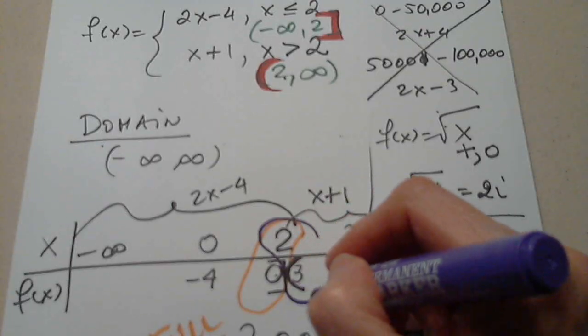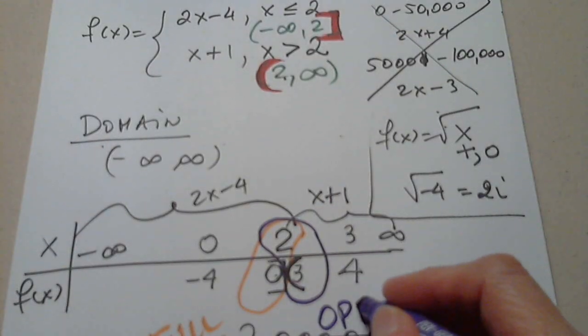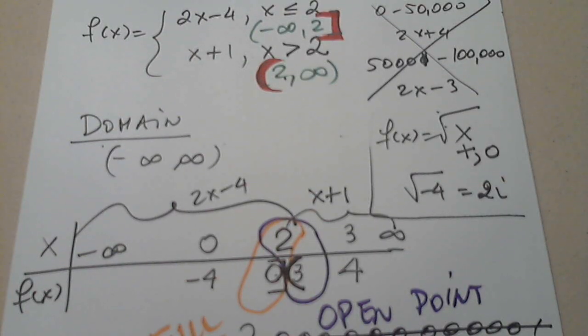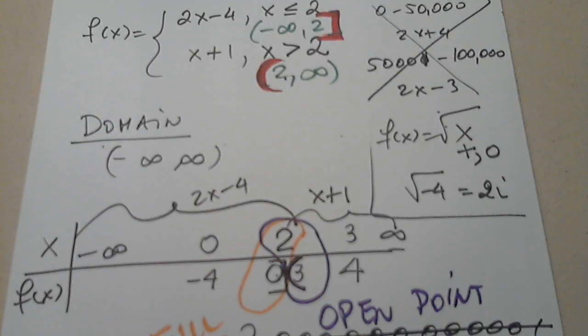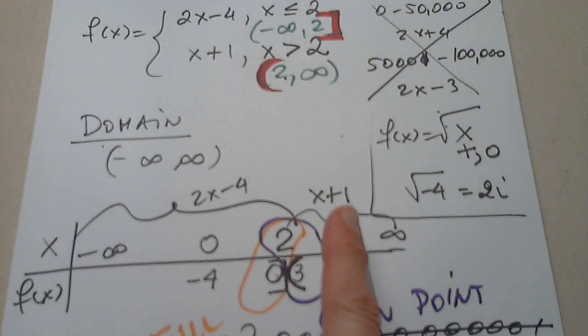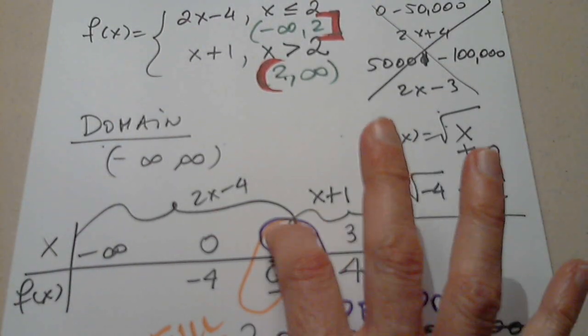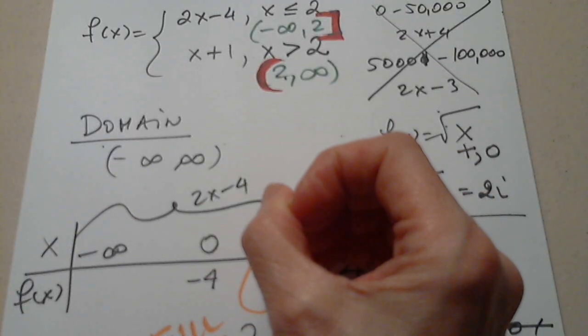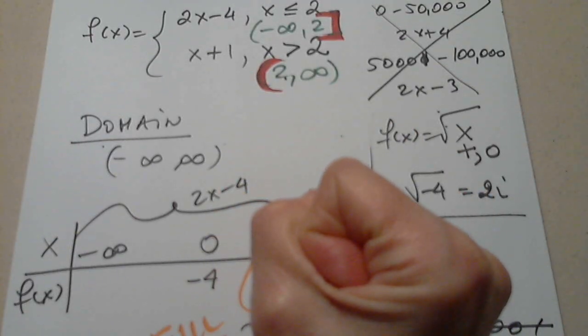So this one will be an open point because I'm not allowed to plug in 2. I did it because I didn't want to plug something like this. How will I even plot something like this? So I forced the 2, although I wasn't allowed to, but in that case, it has to be an open point. An open point is this, a full point is this.